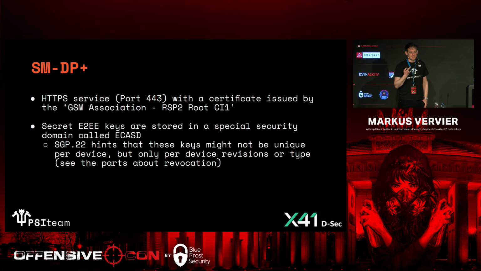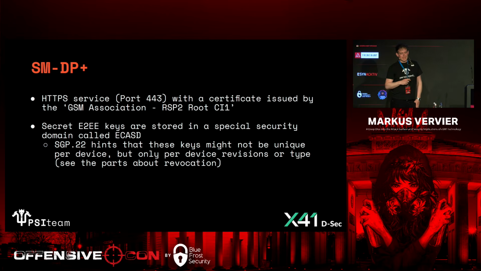Yeah, and the secret keys, they are actually stored in the SIM card in a special security domain, ECASD, which you shouldn't have access to. Of course, if you have some bugs on SIM cards or some other access, yeah, then you can man in the middle of that. Otherwise, no. And the SGP22 is a spec. It hints at the key might not be unique per device, but maybe per production batch or so.